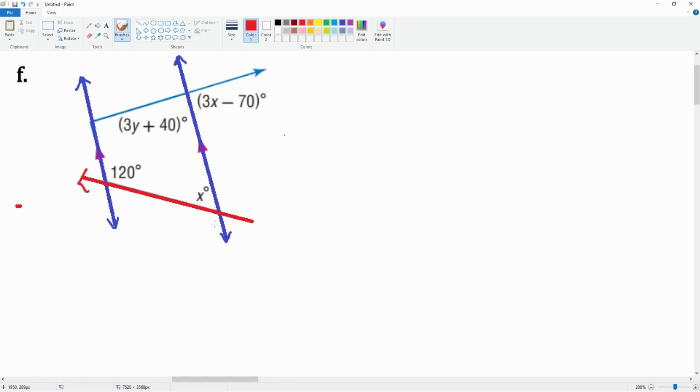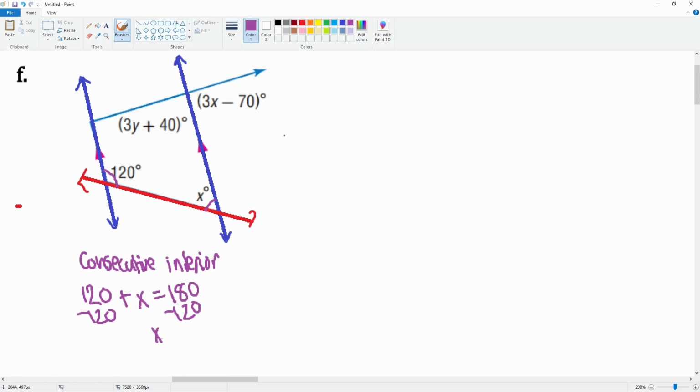Notice that 120 and x are on the same side of the transversal, and they're on the inside of the parallel lines. So we can call that your consecutive interiors, and we know that consecutive interior angles are supplementary. So 120 plus x is equal to 180. Subtract 120 from both sides, you get x is equal to 60.